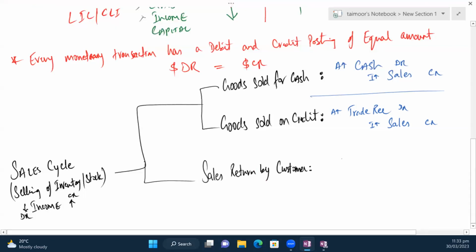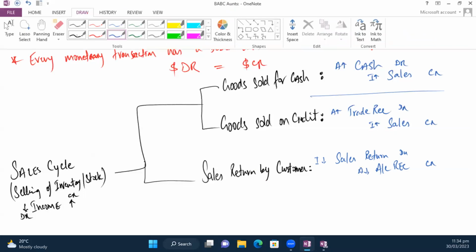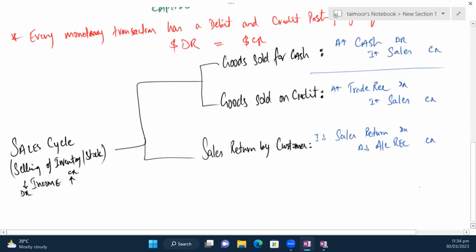So इसकी entry होगी आपकी sales return debit and account receivable or trade receivable credit. Now, this will be like income decrease and asset decrease. ठीक है जी, because this is exactly the opposite of sales. Whatever you are doing is the opposite of sales now, so that's how it's going to happen.